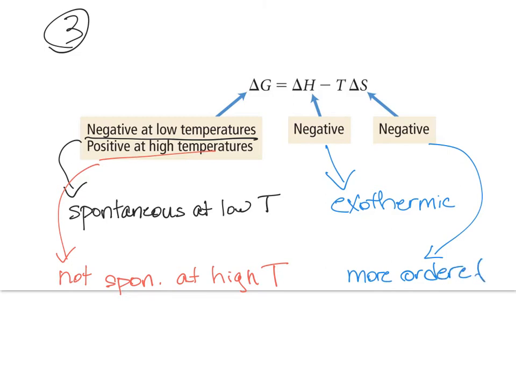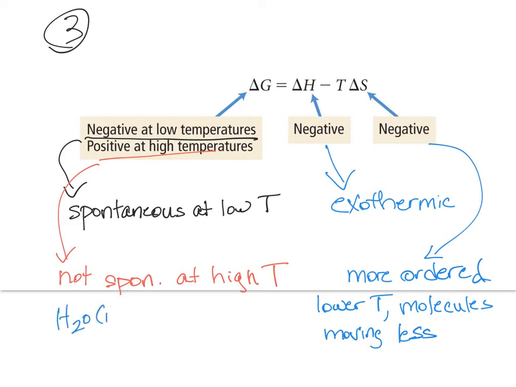If you think about it, this makes sense because at lower temperatures, lower T, molecules are moving less, making them less random. An example of this kind of situation would be water, liquid, going to water, solid.